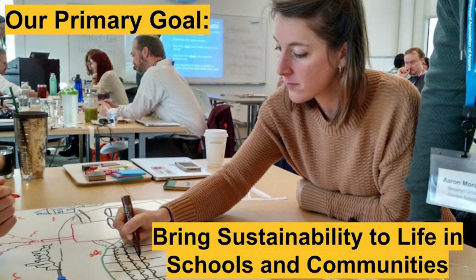It's important for us to make solutions to sustainability problems that are tailored to communities. We don't want to bring in a top-down solution. We don't have a one-size-fits-all to sustainability. So we really rely on communities of teachers and students and school administrators to help set the agenda for what sustainability looks like.